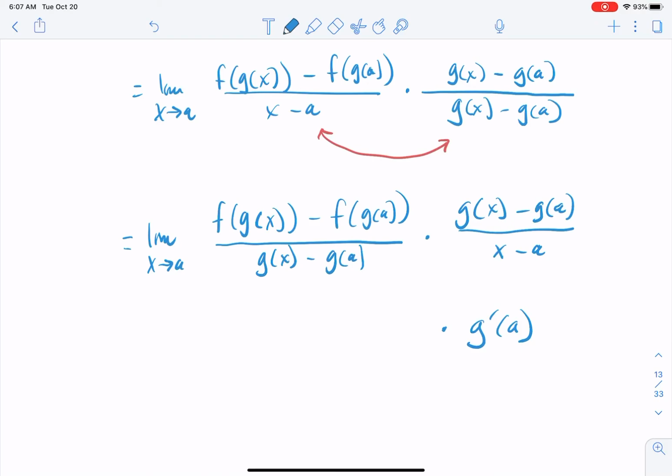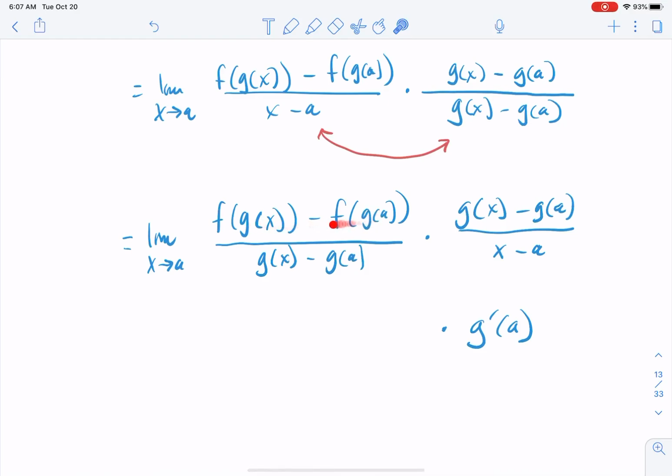Now let's look at this first part. This is doing the same thing. This is the input right here, so this is like an f of x minus f of a over x minus a. This is in the place of our x, and this is in the place of our a.